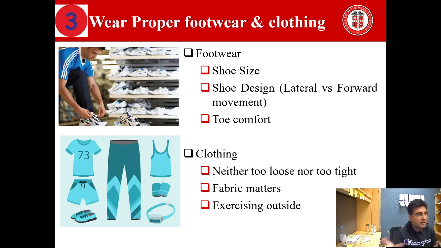Or if it's cold weather like it's going on nowadays, then you have apt clothing over your body to make sure that you won't land any sort of frostbite or hypothermia kind of conditions. So clothing is definitely important, keeping in mind its tightness, the fabric, and the place of exercise.